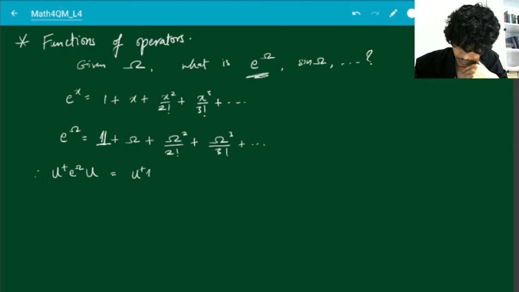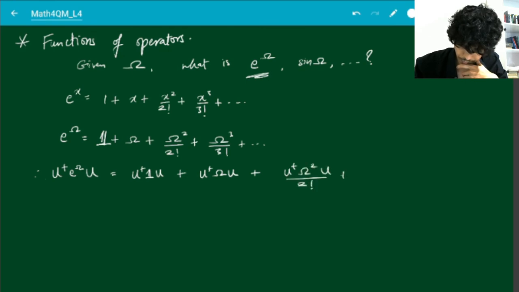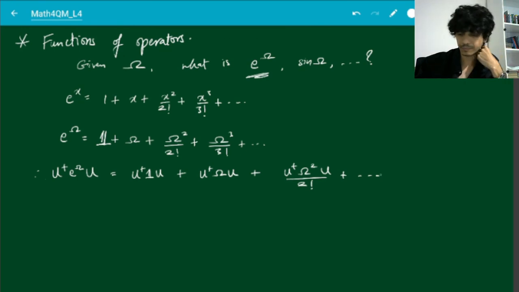So u dagger identity u plus u dagger omega u plus u dagger omega square u and so on. Now see, this still gives you identity. This gives you u dagger omega u. What is u dagger omega u? This is omega diagonal.